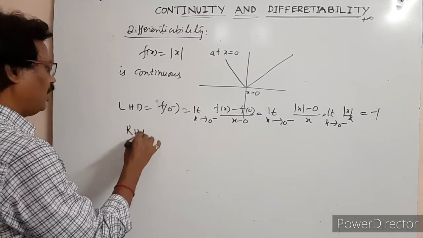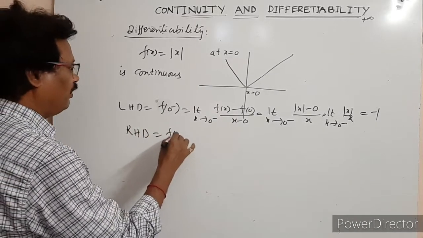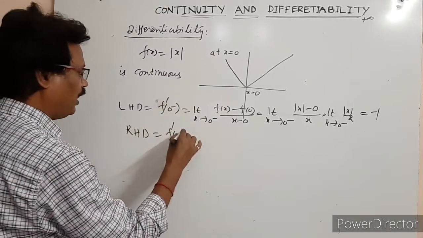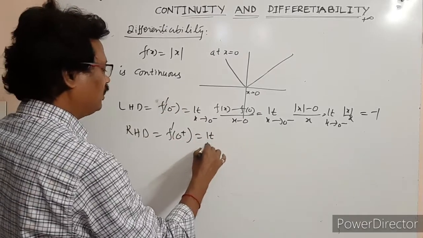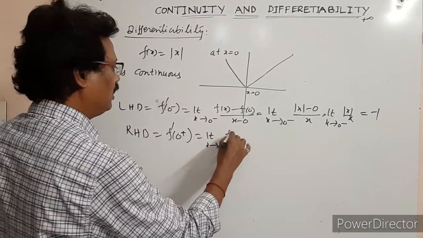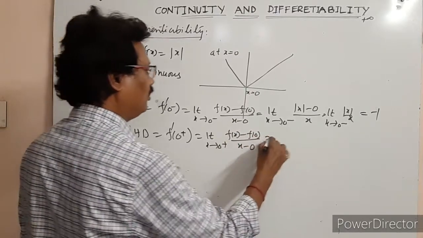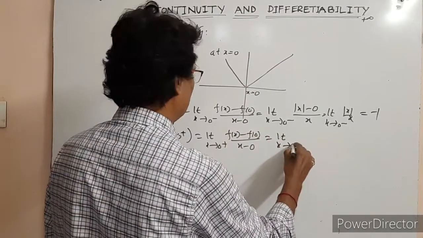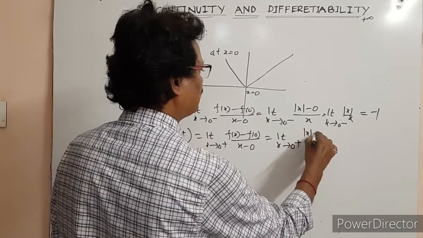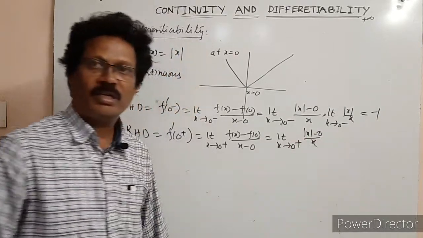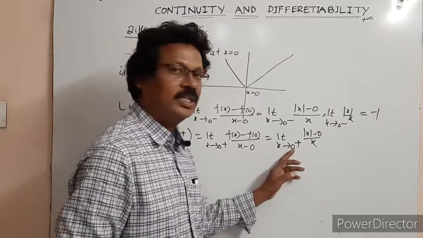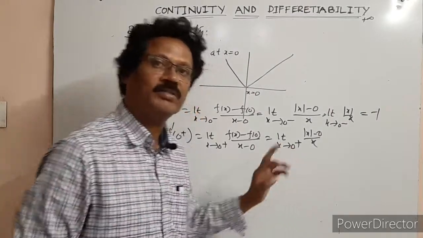What about the right hand derivative? F dash of 0 plus is limit x tending to 0 plus of f of x minus f of 0 by x minus 0. Therefore limit x tending to 0 plus of mod x minus 0 by x. Now here x is just greater than 0, therefore x is a positive number.